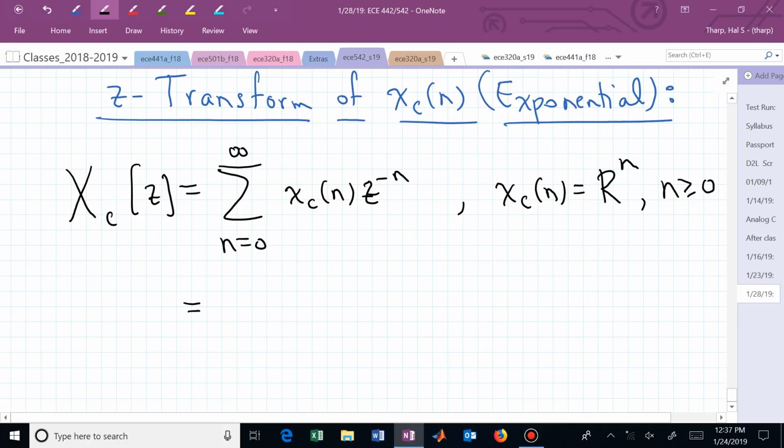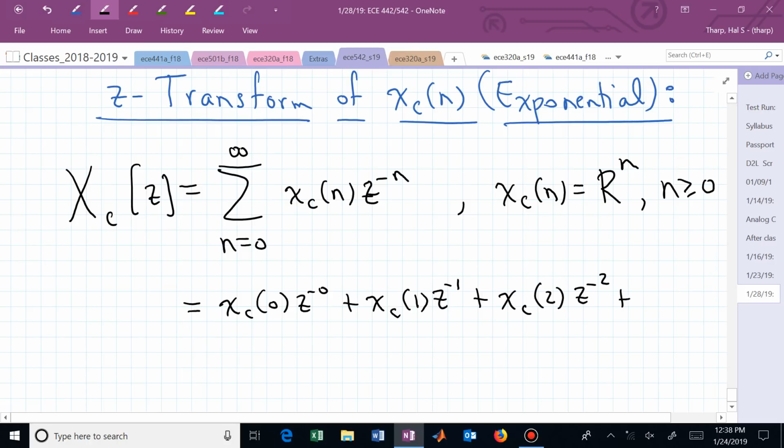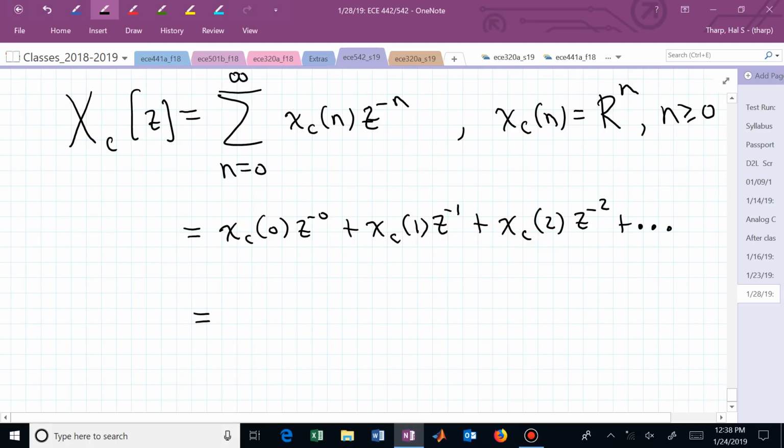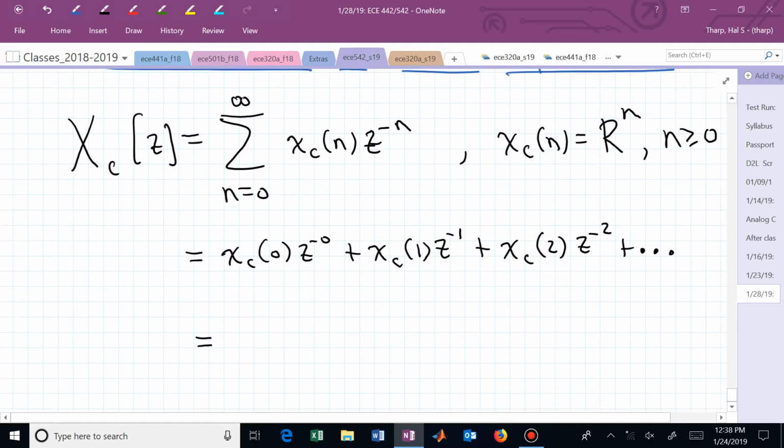Well, let's just write out some terms and see if we can see a pattern. We now have x sub c of 0, z to the minus 0, plus x sub c of 1, z to the minus 1, plus x sub c of 2, z to the minus 2, etc. X sub c of 0 is going to be what?